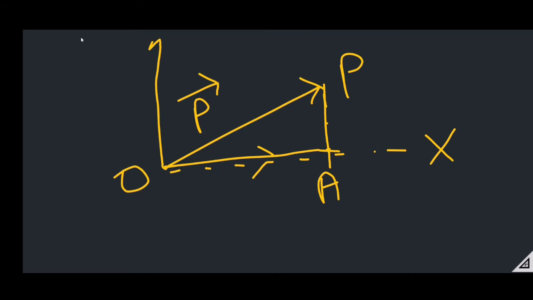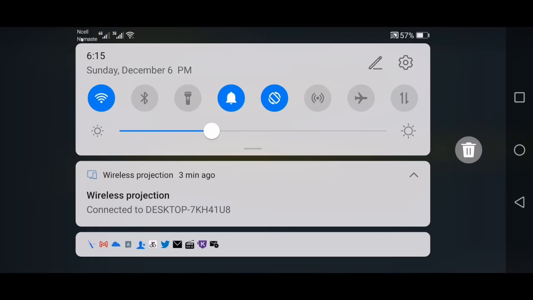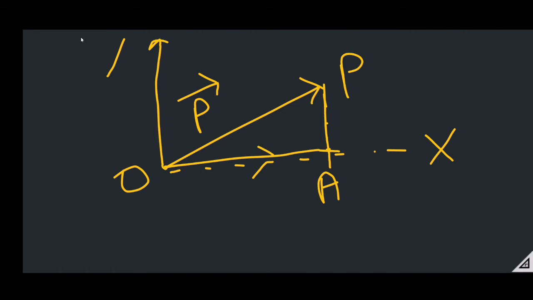Here we can draw the y-axis and the component along the y-axis. Suppose this is the point B, so OA is the x component and OB is the y component.